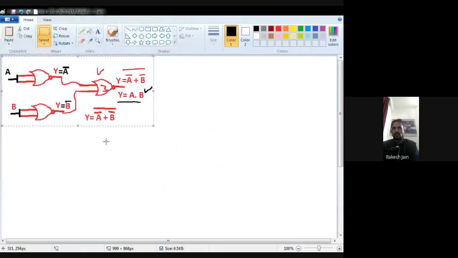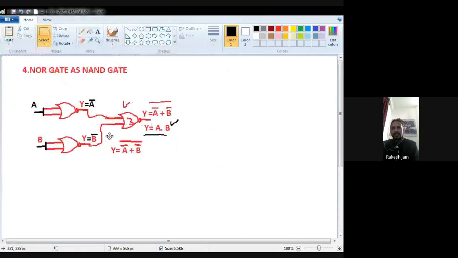So this one is what? NOR gate as an AND gate. Now I want NOR gate as a NAND gate.